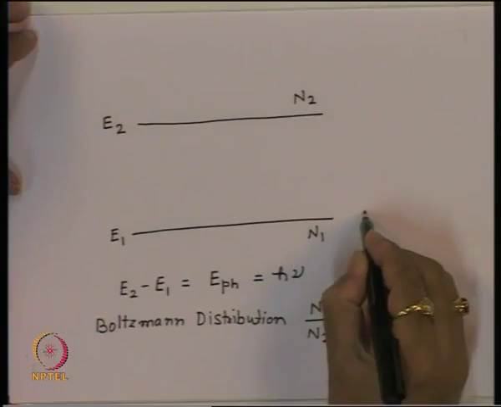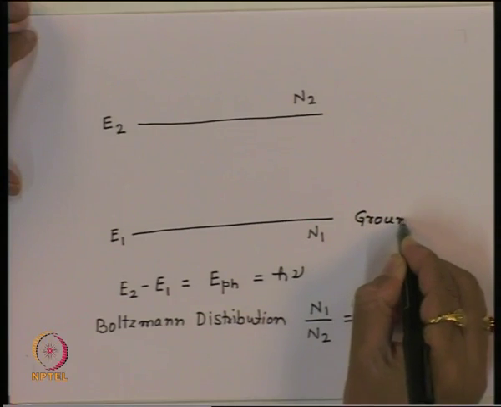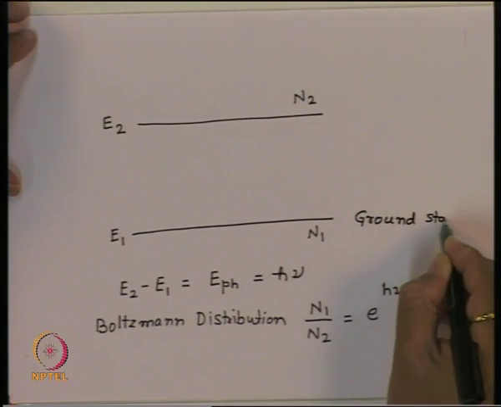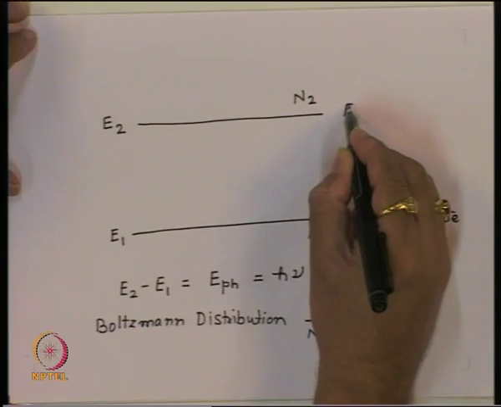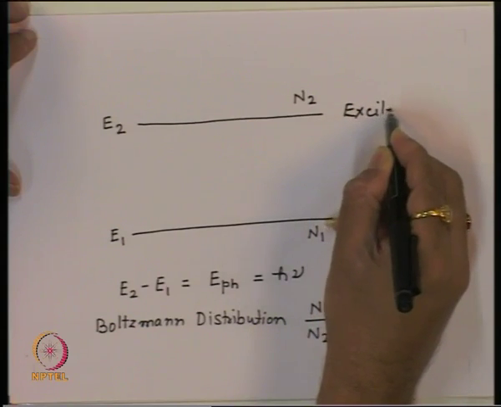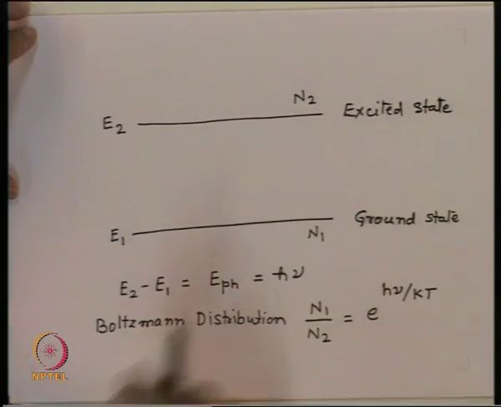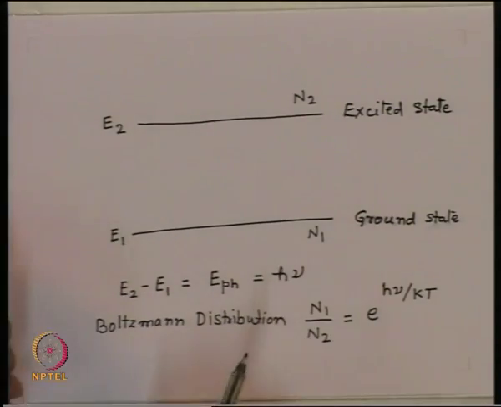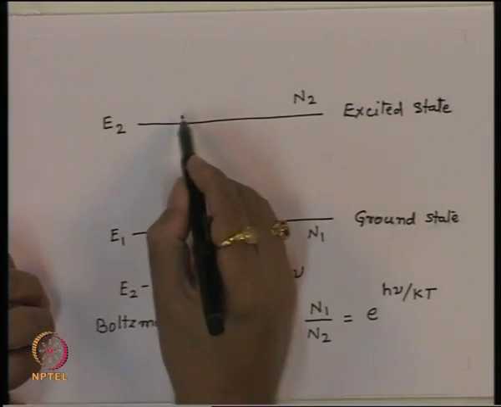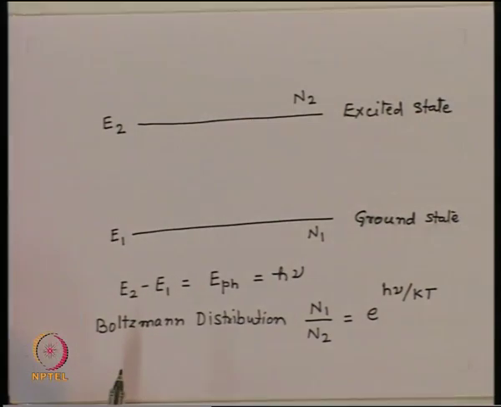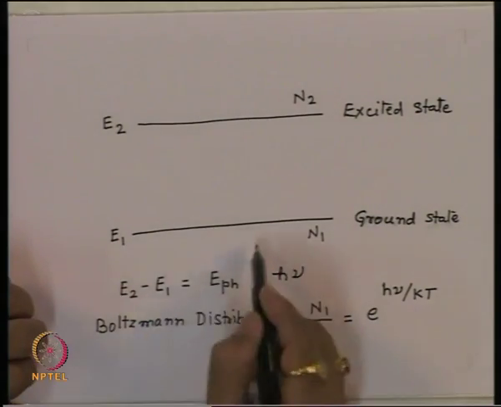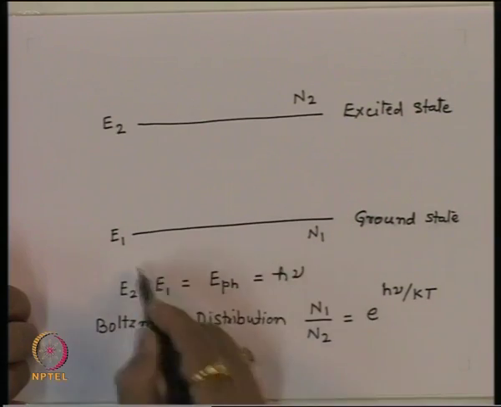So, the two states we have shown here, this is the ground state and this is the excited state. Since we have a distribution of electrons, there will be some electrons in the excited state because of thermal excitation, and a large number of electrons on the ground state.